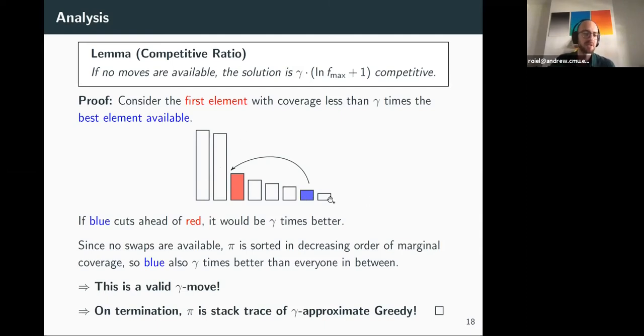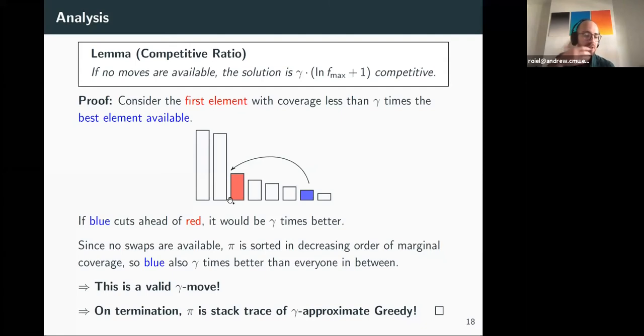And so the point here is that at a stable solution, i.e. a solution where there are no more moves available, we can't have this situation. So red must be within gamma of the best possible element, i.e. the element of maximum marginal coverage from this point on.